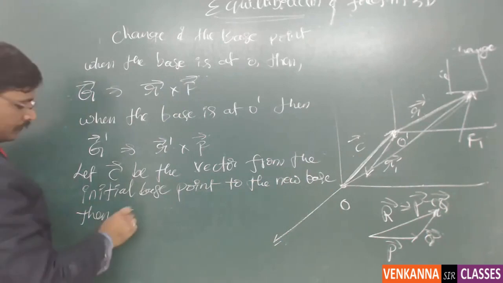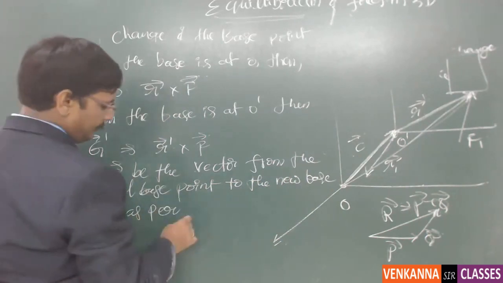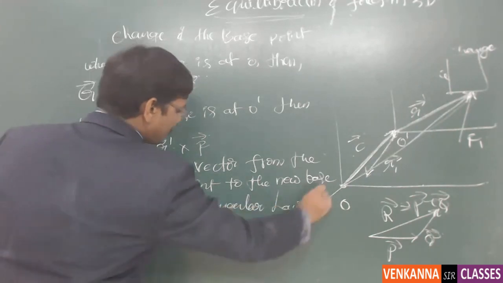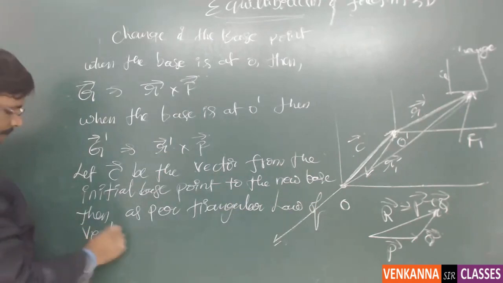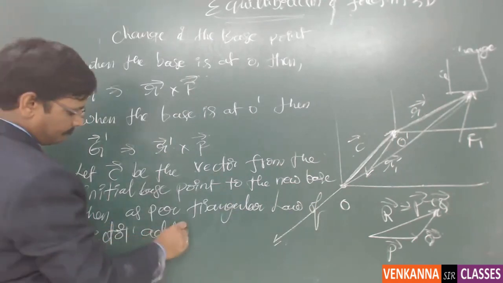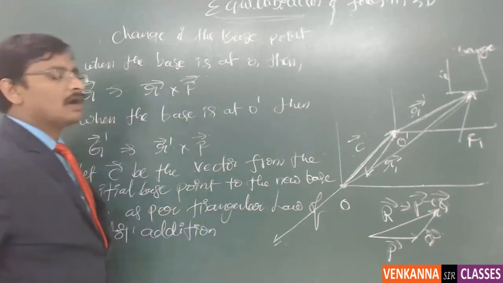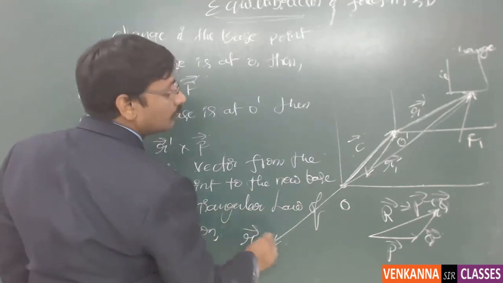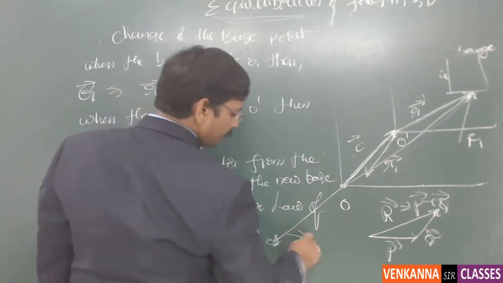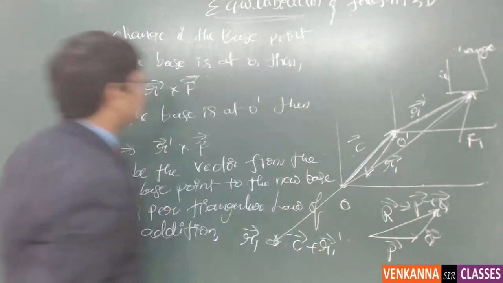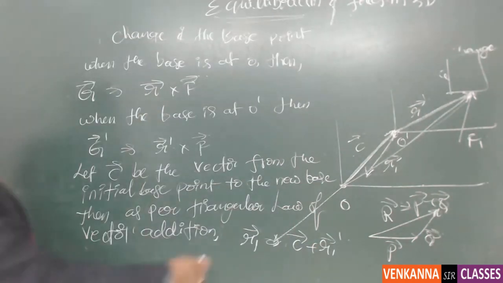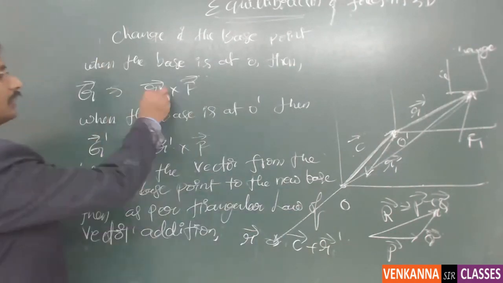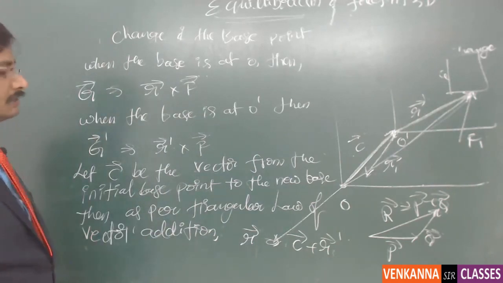Then, as per the triangular law of vector addition, you can say that R1 is equal to C plus R1 dash. Got it? So if you remove this, R is equal to C plus R dash.